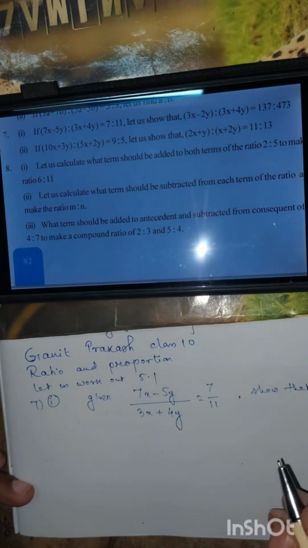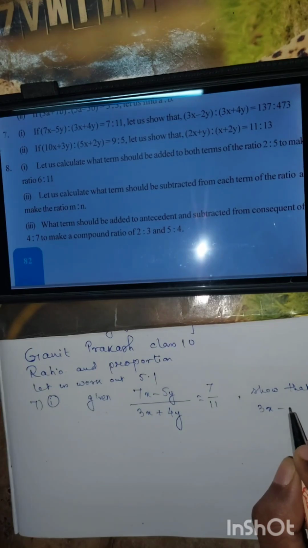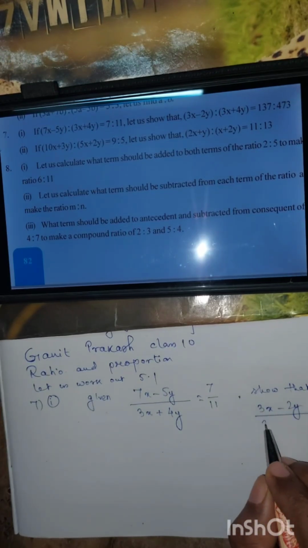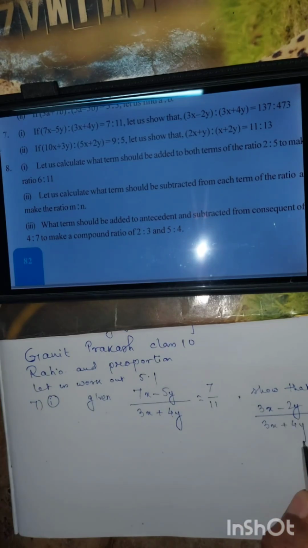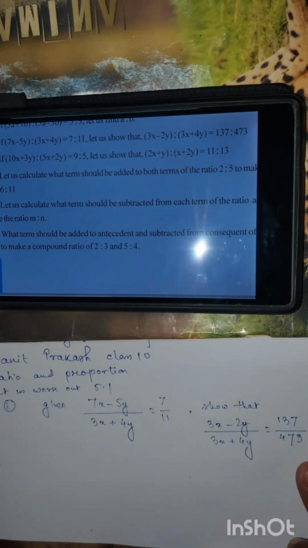Show that 3x minus 2y by 3x plus 4y is equal to 137 by 473. So this is our question.